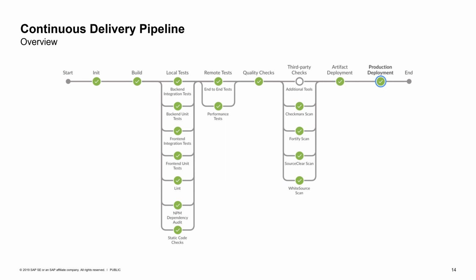Remote tests, on the contrary to local tests, are actually deployed to SAP Cloud Platform, so not to your productive deployment, but to a separate deployment. But here, in testing, the idea is really to automate it as much as possible.